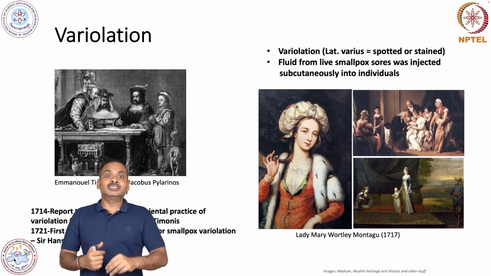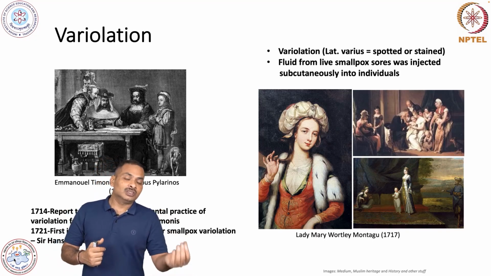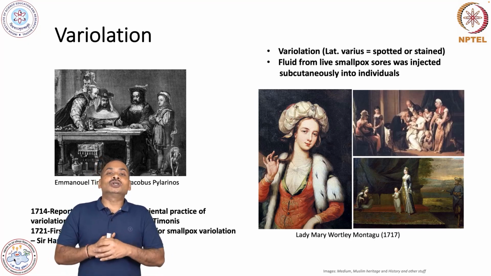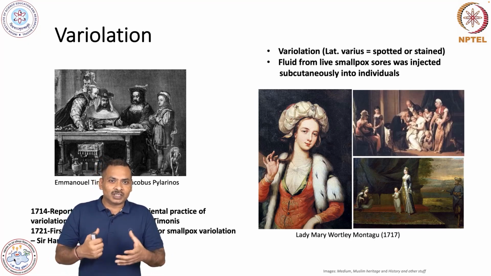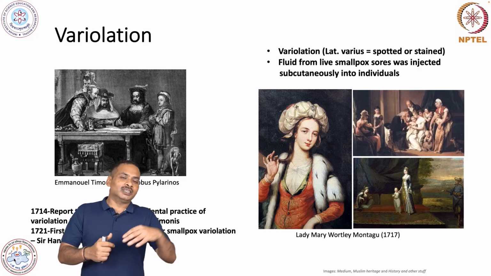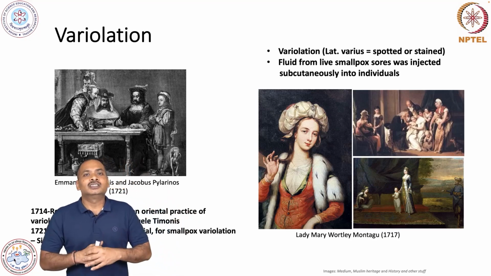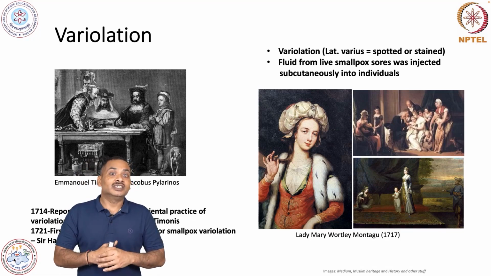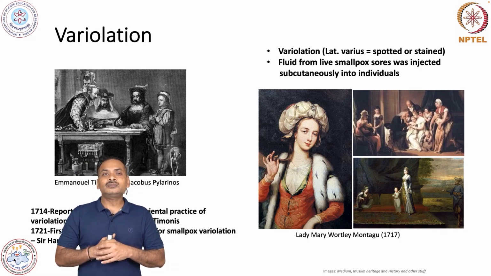That's why some individuals who received more inoculation died. She was aware that in Istanbul this kind of thing is there and many people get protected, but some people get infected and die from this kind of inoculation.